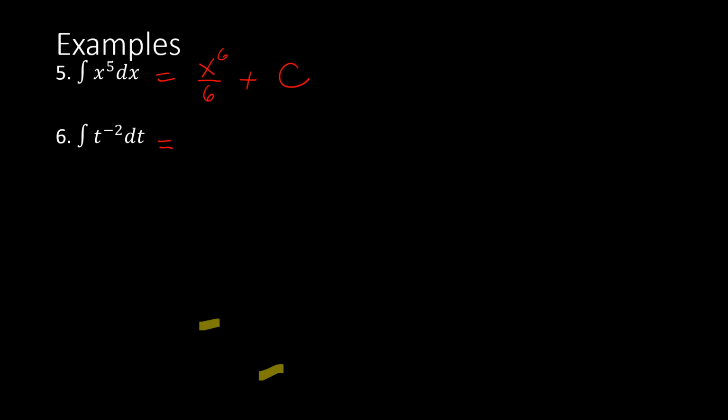Again, using the power formula, we have t raised to negative 2 plus 1 all over negative 2 plus 1, which is negative 1, plus c. So that is equivalent to t raised to negative 1 over negative 1 plus c, and the final answer can be written as negative 1 all over t plus c.